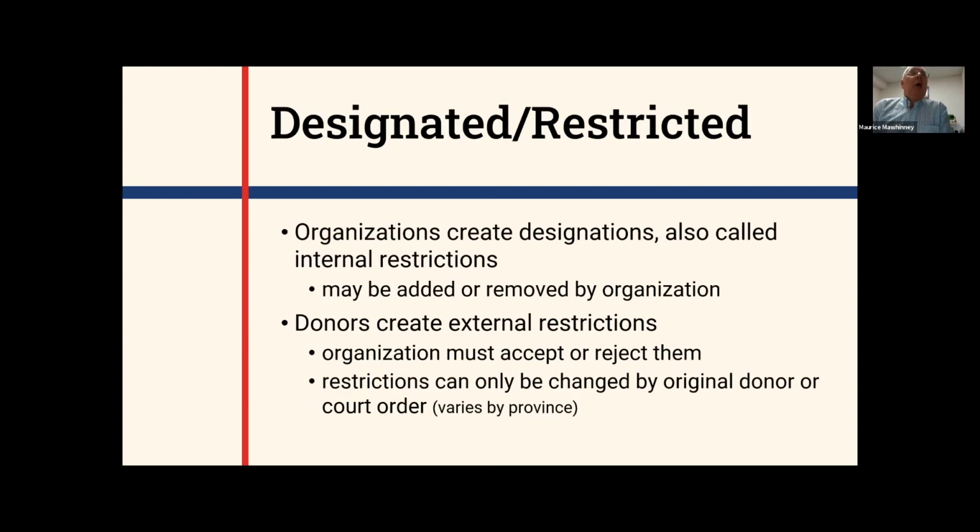Again, as I said, organizations create our designations, and they're called internal restrictions. They may be moved or added by the organization itself. On our envelopes, we've got general fund, where we designate the money received to go to the general fund.